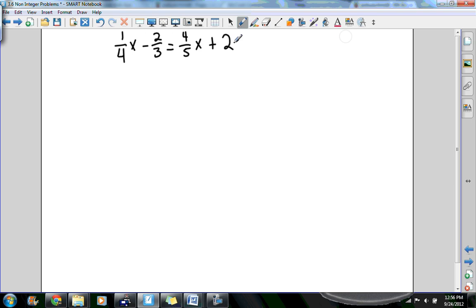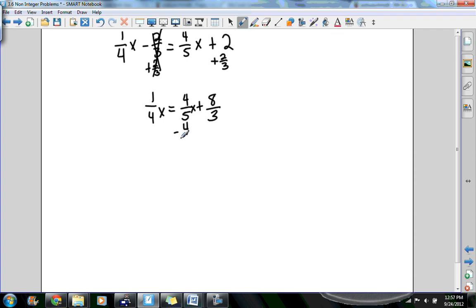Alrighty, so I am going to add 2/3 to both sides, but I'm going to match it up with the 2. So I get 1/4 x equals 4/5 x, and I'm going to get plus 8/3 because 2 is 6/3. Whoops, that's an x here.